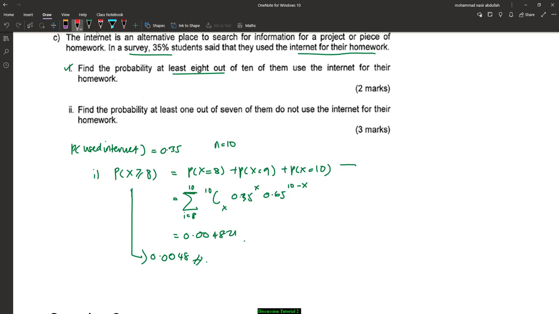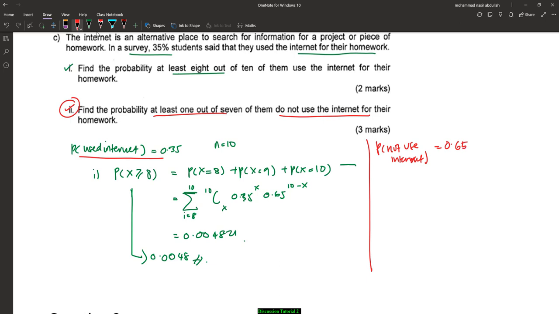For number 2, find the probability at least 1 out of 7 do not use their internet. So currently we look at our random variable. For use internet is 0.35. For probability of not using internet is 0.65. And now currently we have 7 replications, right?